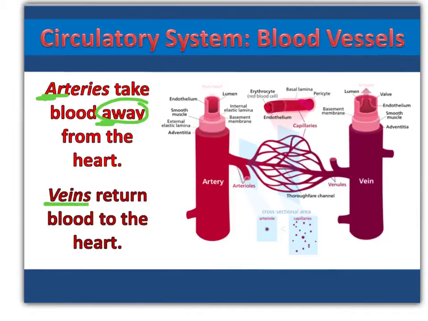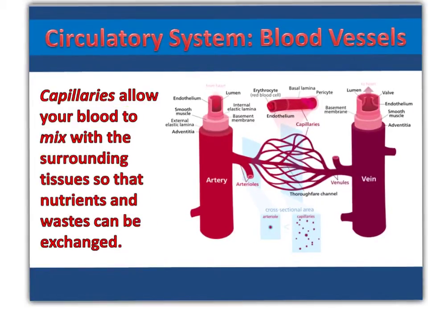Veins are going to return the blood to the heart. Arteries away, veins are back to. And then you have capillaries. Those are the ones that allow your blood to mix with tissues.